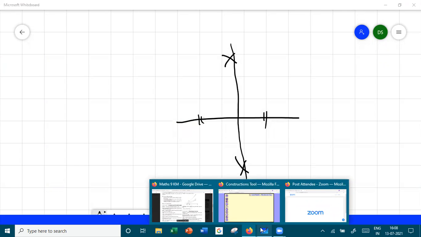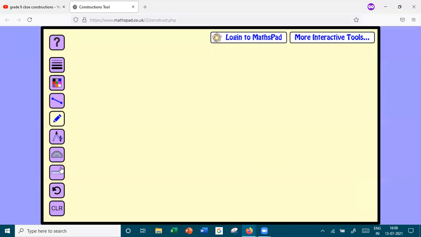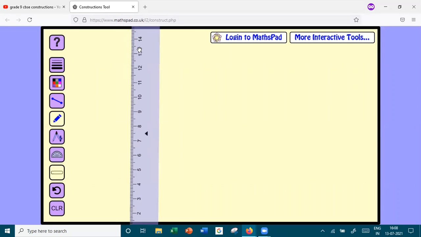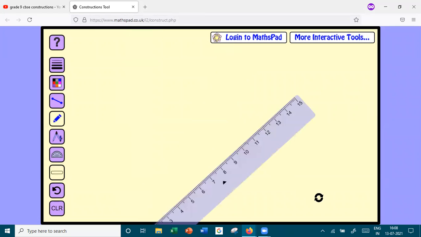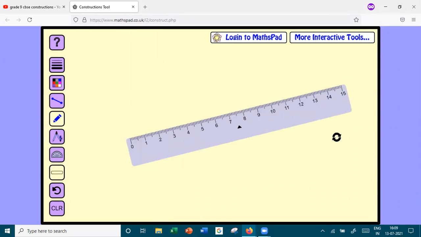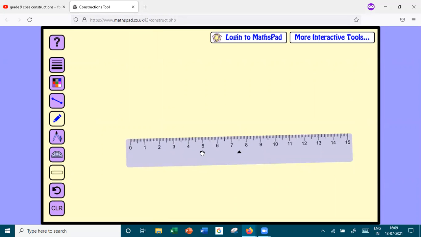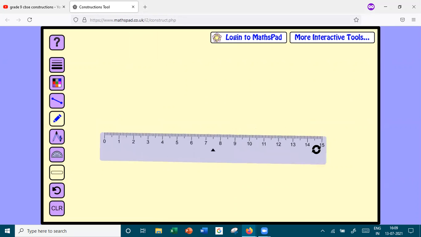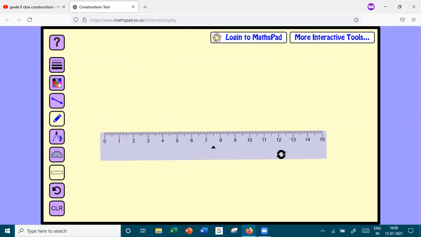Okay, let's make a perpendicular bisector quickly, since all of you remember how to make it. For this one, you need to make a line segment.